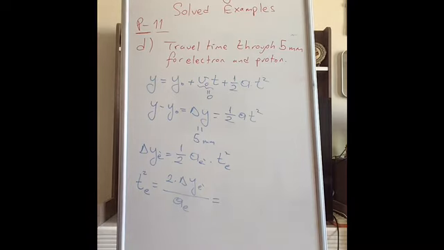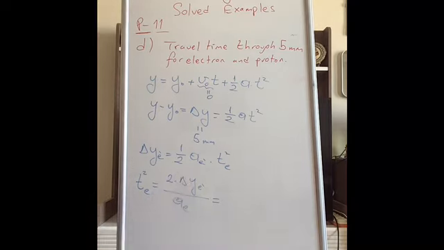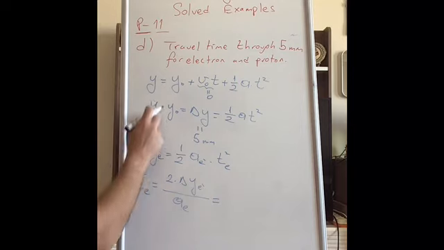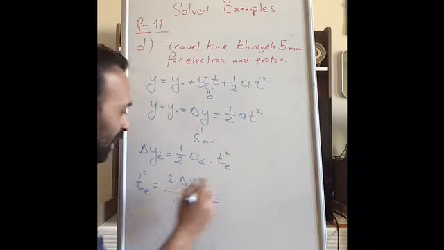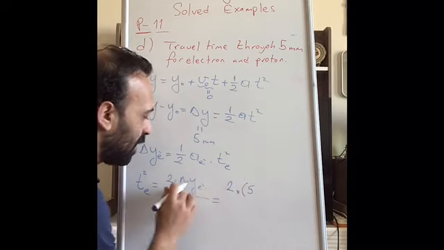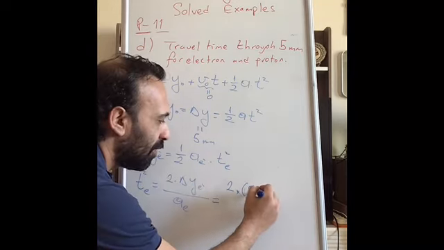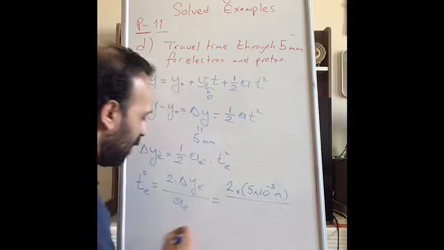We are going to use the absolute value of the acceleration, and delta y is equal to y minus y0. So for the electron, it's going to be 2 times 5 times 10 to the minus 3 meter over the acceleration.